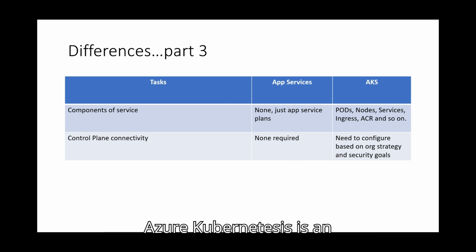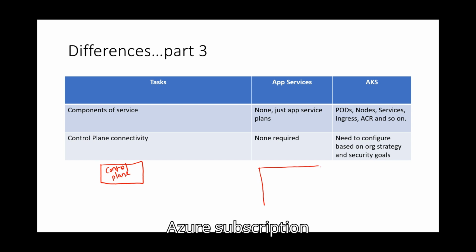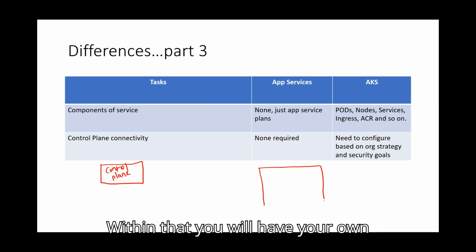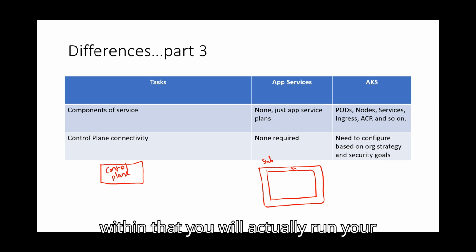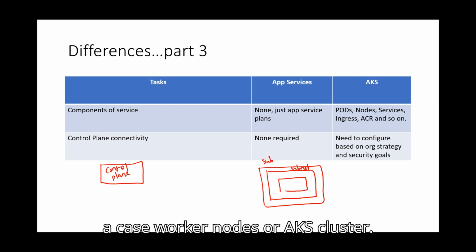Azure Kubernetes is an API server offered as a service. So essentially, there is a control plane which is managed by Microsoft, and then inside your Azure subscription, you will have your own VNet subnet, and within that you will actually run your AKS worker nodes or AKS cluster.